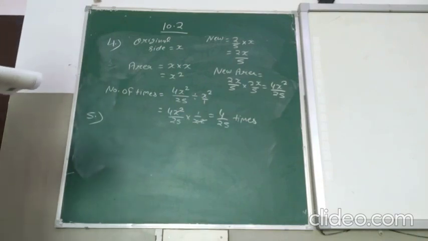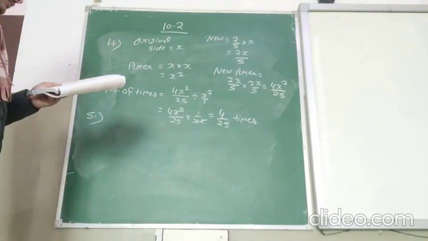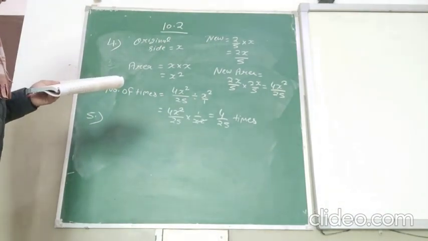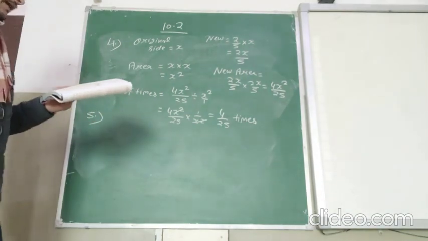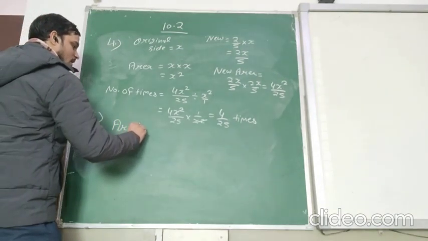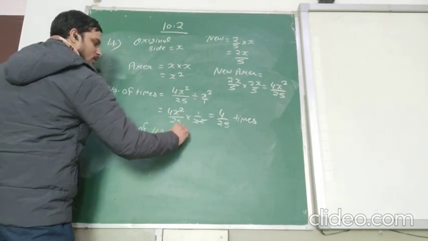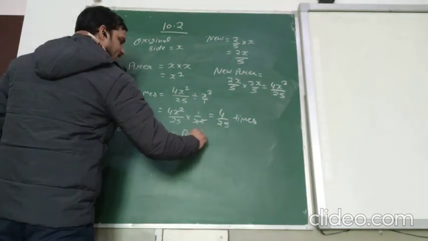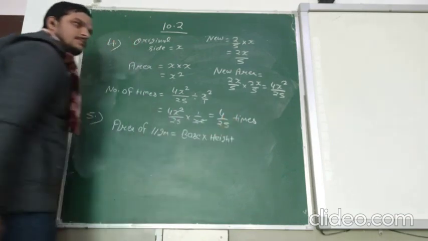Okay. Then question number 5, you have to find out the altitude. Altitude, what is called altitude, height of a rectangle side. Wait. Find the altitude of a parallelogram. The parallelogram area is given. See, area of this is parallelogram: base into height.